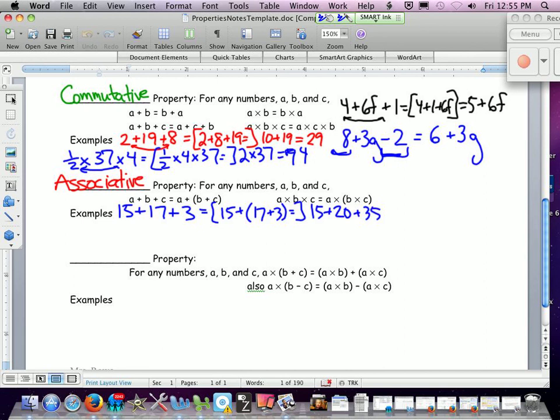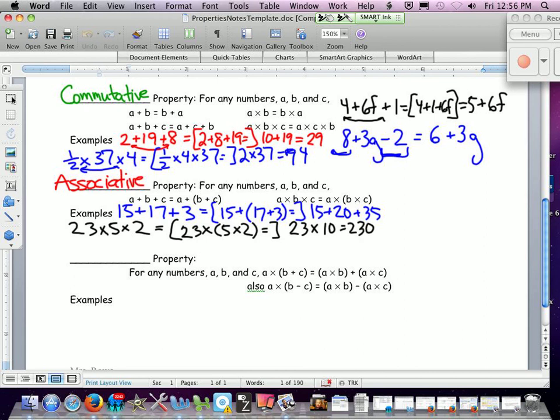For the next example, we're going to do a multiplication example: 23 times 5 times 2. 23 times 5? Not my friendliest pairing. 5 times 2? I love it. So I'm going to do the 5 times 2 at the beginning instead. Let's get 23 times 10 for 230.